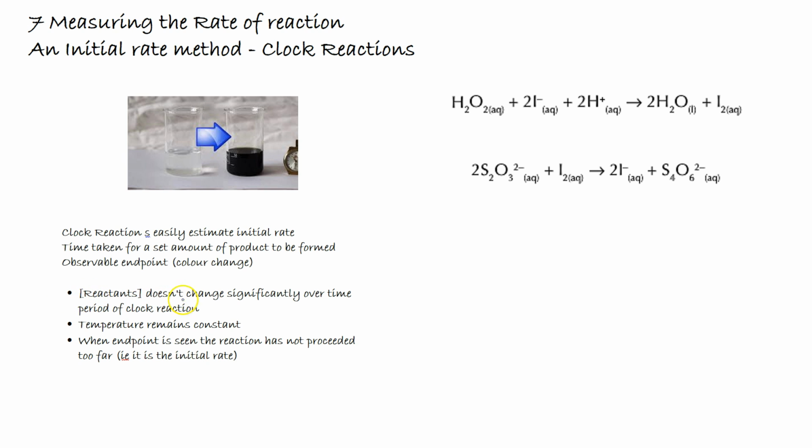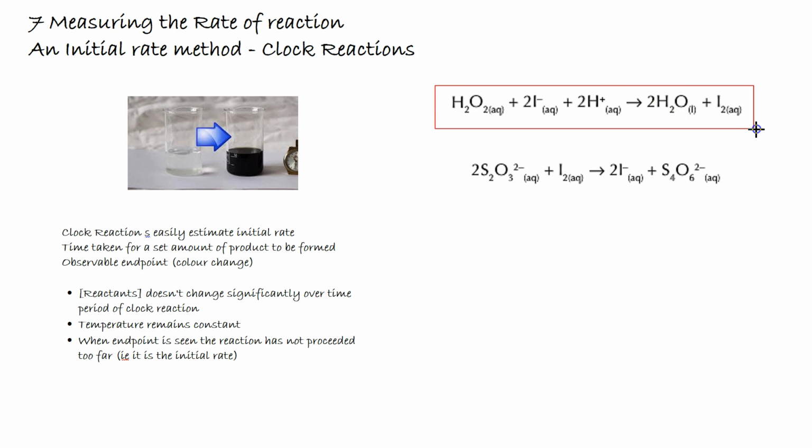Now, this is normally done by using an observable endpoint, such as a colour change, where we observe that the concentrations of the reaction don't change significantly over the period of the clock reaction. We have a reaction where the temperature remains constant, and also when the endpoint is seen, the reaction has not proceeded too far. In other words, we're actually seeing the initial rate of the reaction.